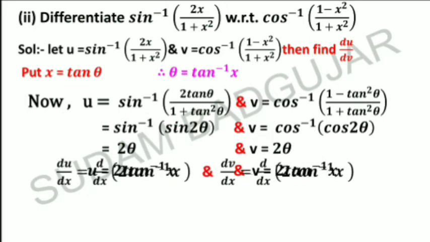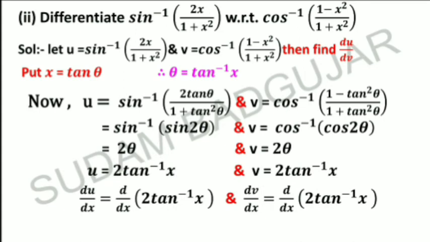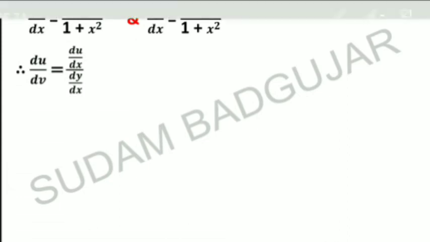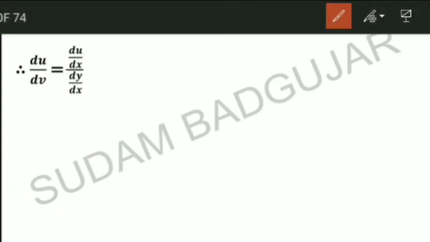So du by dx is equal to 2 upon 1 plus x square, and dv by dx is also 2 upon 1 plus x square. So you have to apply the formula, that is du by dv is equal to du by dx upon dv by dx.